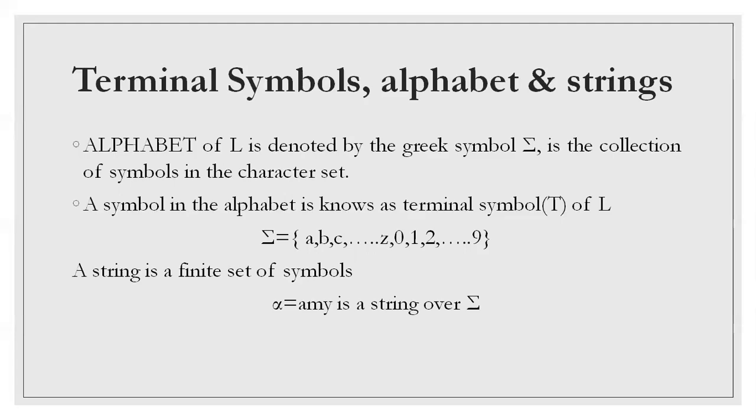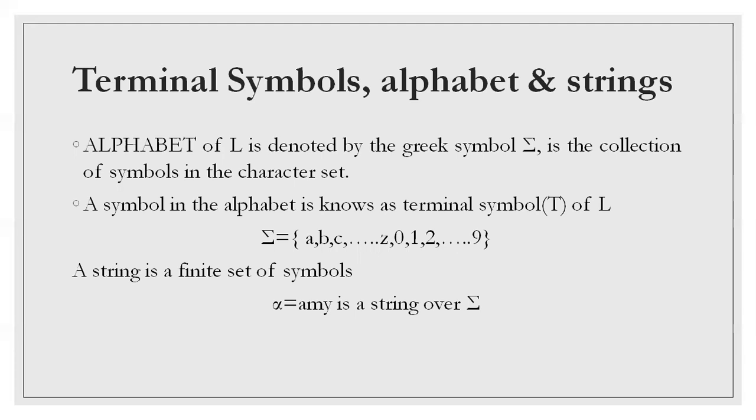Here the example is small a to small z and 0 to 9. A string is a combination of symbols. For example, alpha equals AMY, so AMY is a string over sigma. Whatever is given in sigma, the combination of those symbols is a string. This you already know.